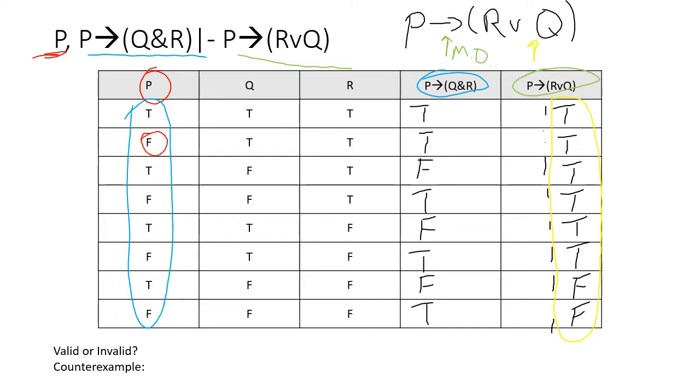And just as before, it's true wherever the left side is false or the right side is true. And so we've got trues almost all the way except for here in line 7, where we have a true antecedent and a false consequent.